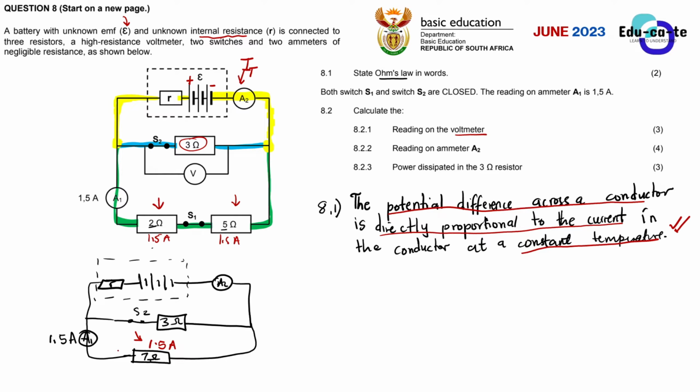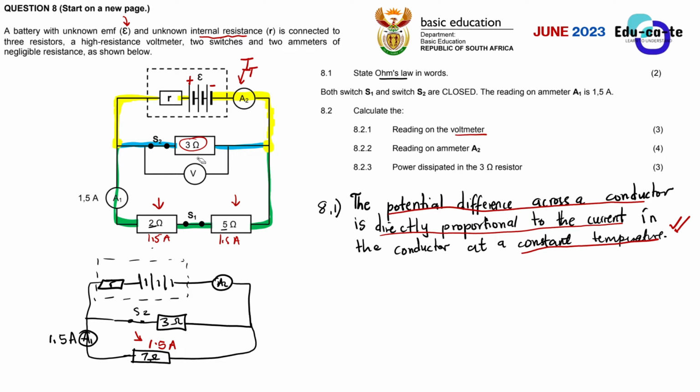When you look at the voltmeter here, you can see that it is positioned parallel to this 3 ohms resistor, or it is connected at the ends of this 3 ohms resistor. The fact that this voltmeter is connected at the ends of the 3 ohms resistor means that it is measuring the voltage across this 3 ohms resistor.